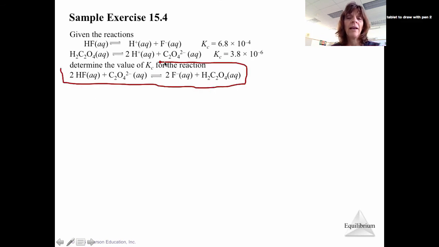Now, you may have to do more than just combine them directly. So look and see if you need to reverse anything or multiply anything and go from there. Pause, solve that, and then come back.